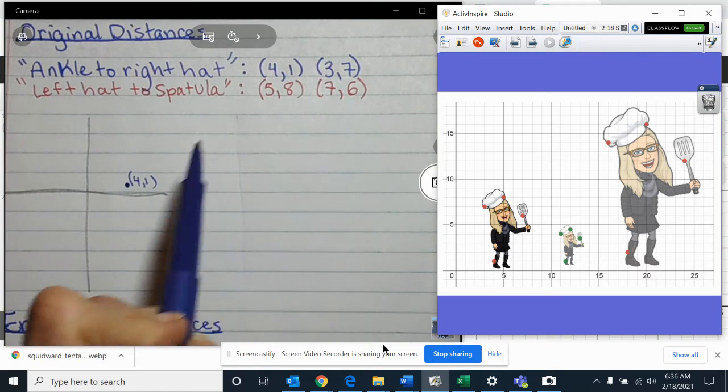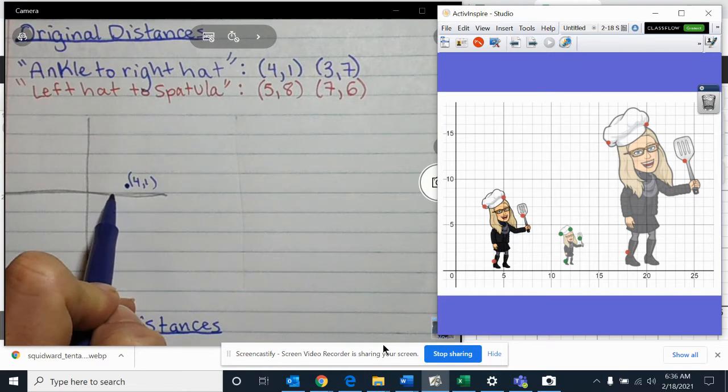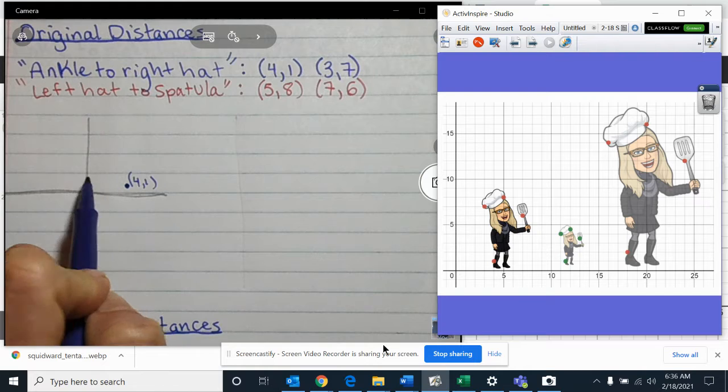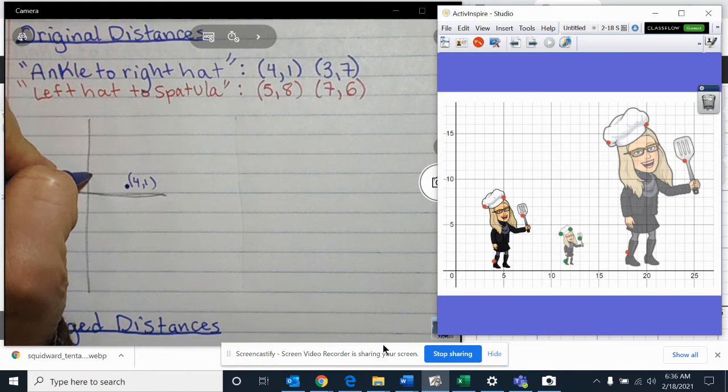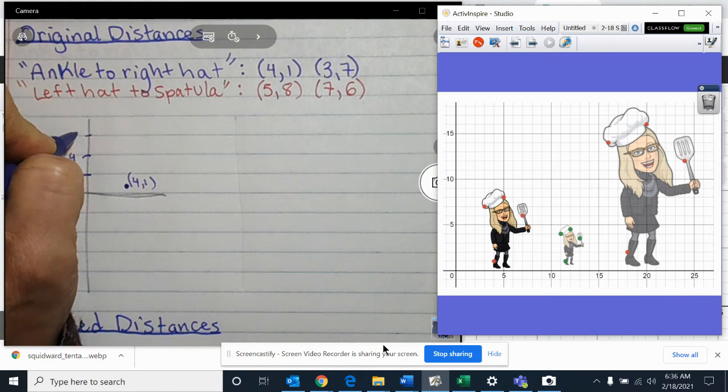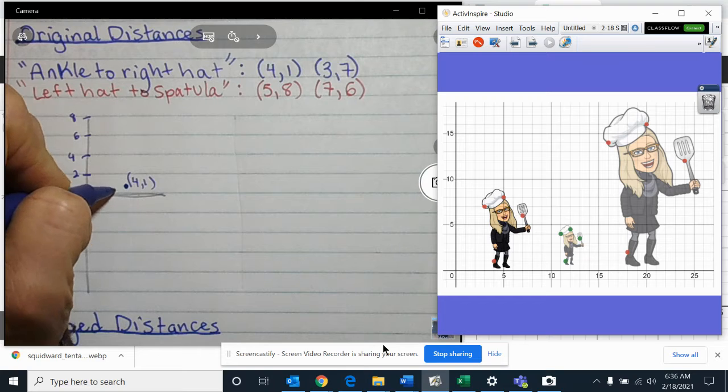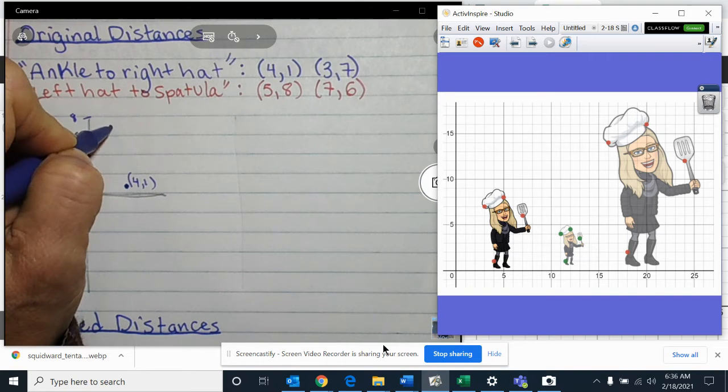And then the other point is over about 3 points and up 7. And let's call each of these spaces 2. And so over just a little bit, 3, and then up to 7.